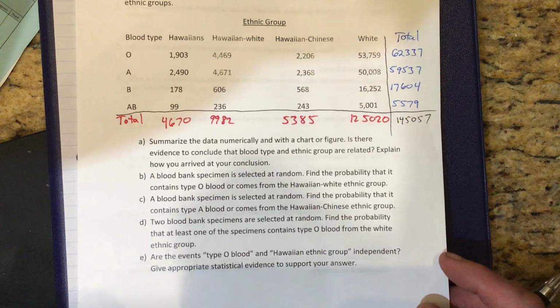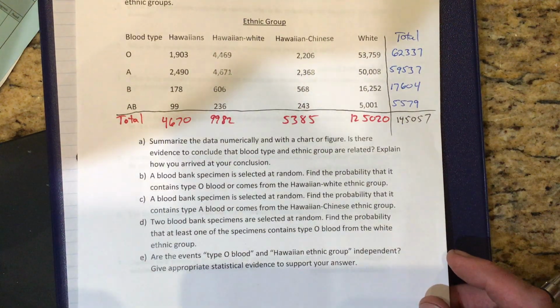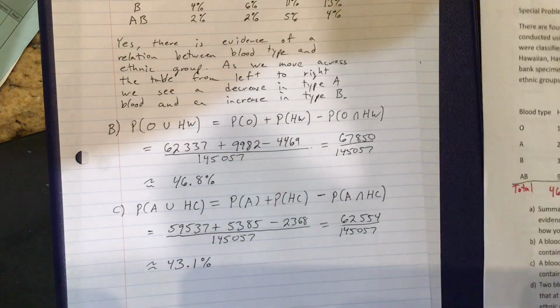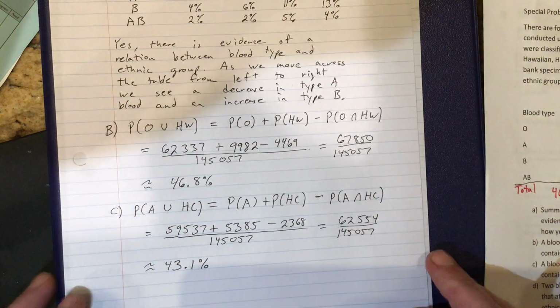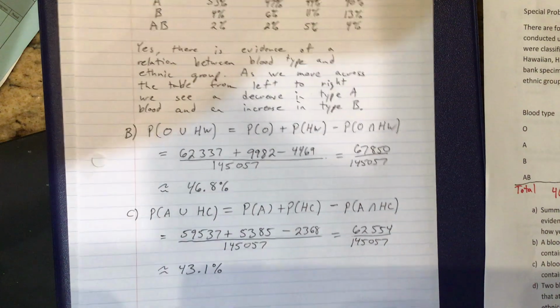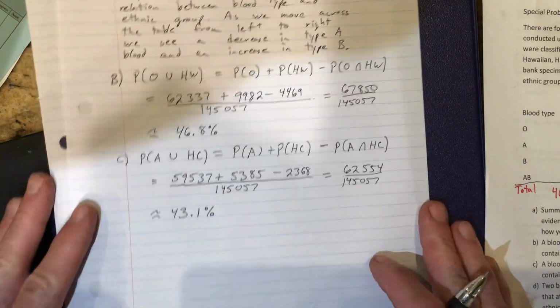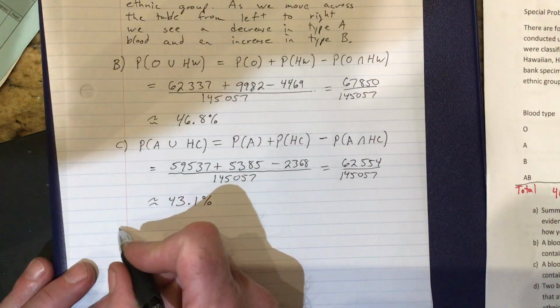All right, letter D. Two blood bank specimens are selected at random. Find the probability that at least one of the specimens contains type O blood from the white ethnic group. Okay, I will go for the complement. Anytime I see at least one, I know the fastest way to do it is 1 minus none. So I'm going to go that route.